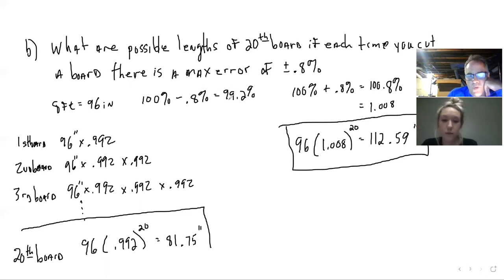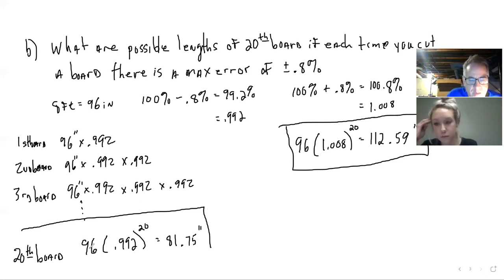Then take this, move it 2 places to get it in decimal form. And of course, it's going to give you that board in feet, so convert it to inches. Multiply that by 12. So if it was 9 feet, you'd be using 108 inches right here.